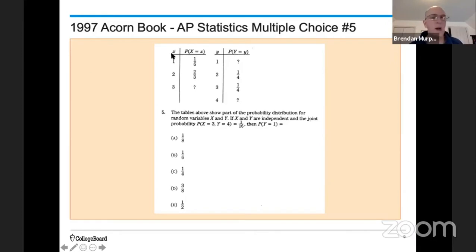They don't like the nomenclature at the top: big X, the probability that big X equals little x, big Y, the probability that big Y equals little y. They don't like the nomenclature at all. This is what I might call a good classroom problem where we do it together. But when I give them 5 minutes to do this, they typically do not like this at all.